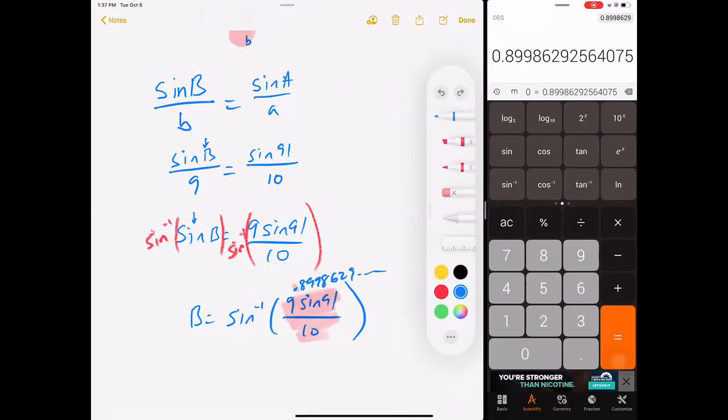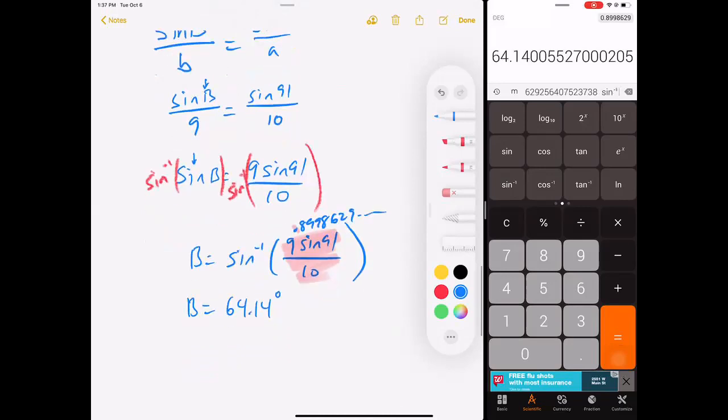So on my calculator, on my iPad, there's a little button for it. And we worked on that when we were solving triangles. Remember how to do inverses? Sometimes you have to shift for some of your calculators. So I'm just going to hit that. And B is angle 64.14 degrees. Go ahead and try that yourself right now. And I'm going to show you the faster way of doing this.